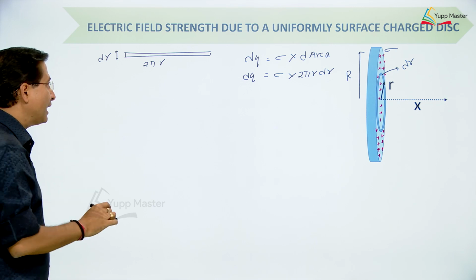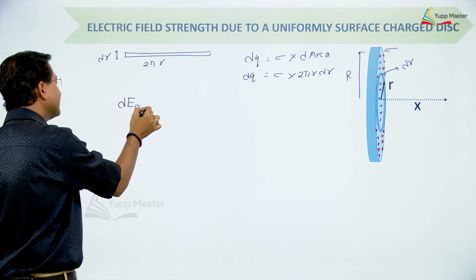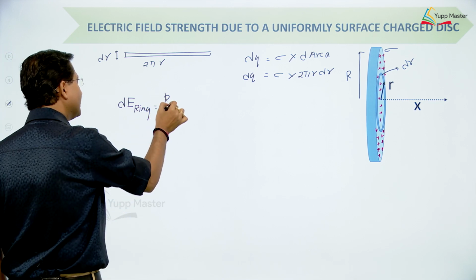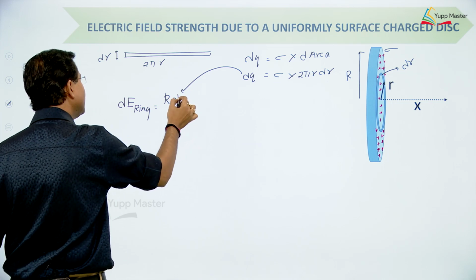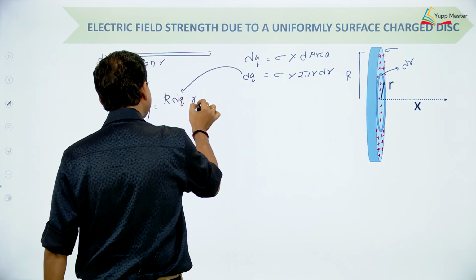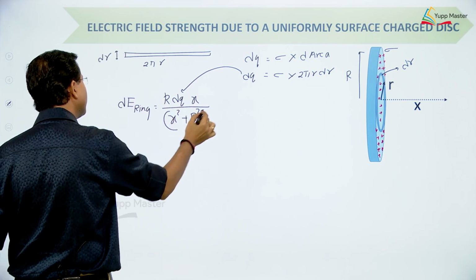And the expression we have for a ring, the field produced by this elemental ring, will be equal to k dq x divided by (x square plus r square) to the power 3 by 2.